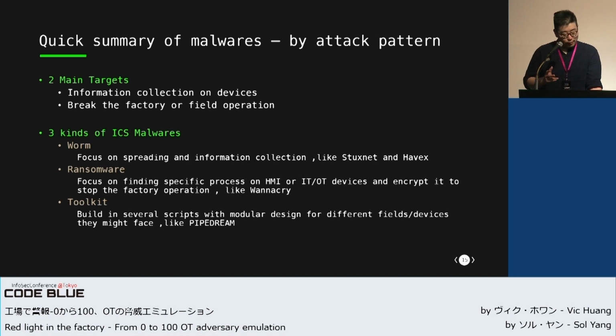It focuses on finding the specific process on HMI and also IT and OT Windows process and tries to encrypt it to stop the factory operation. And the last one is toolkits. So it's built in several scripts, or you can say modules, to attack different protocols on different devices, like Pipedream.